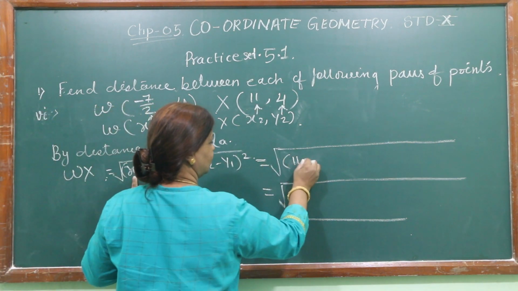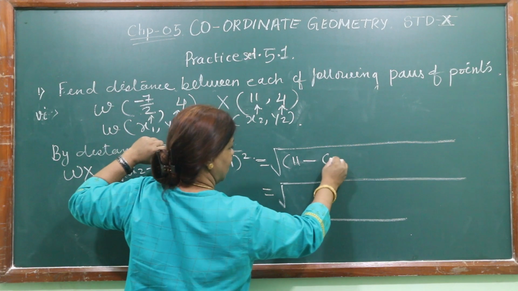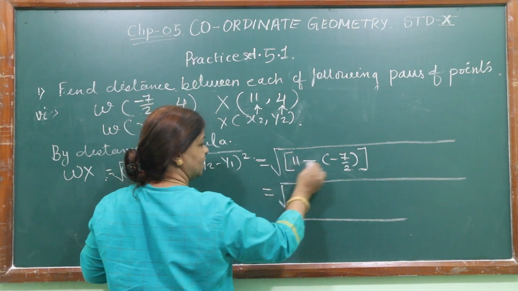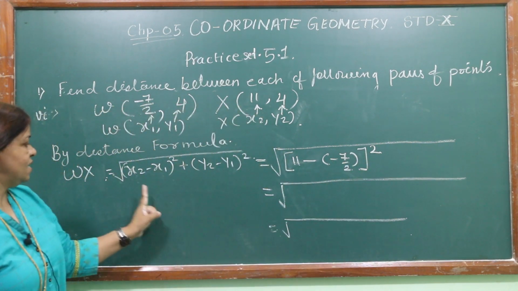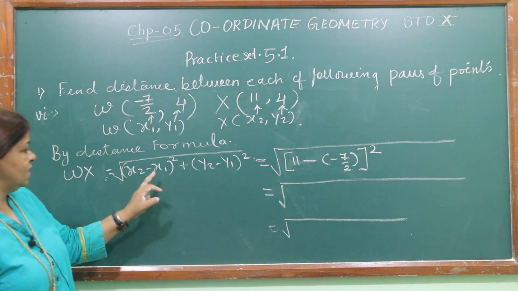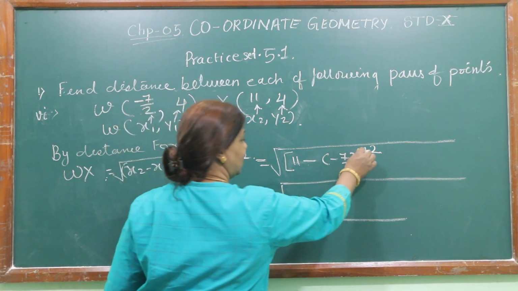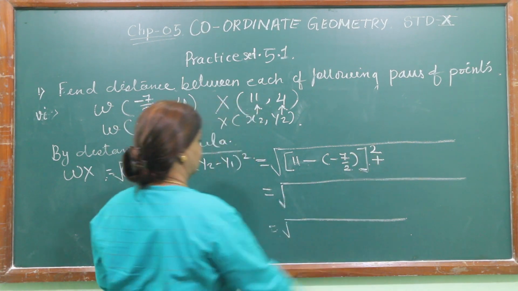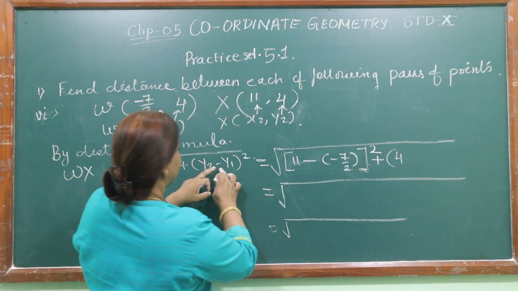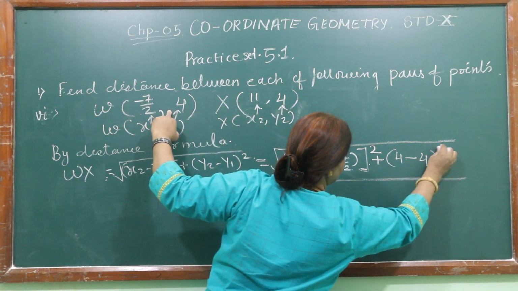11 minus x1 is minus 7 upon 2. So, minus 7 upon 2. And now I need to place the square bracket here, children, and square. See, x2, 11, minus, then x1, minus 7 upon 2, and then it is whole square plus y2 4 minus y1 4 the whole square.